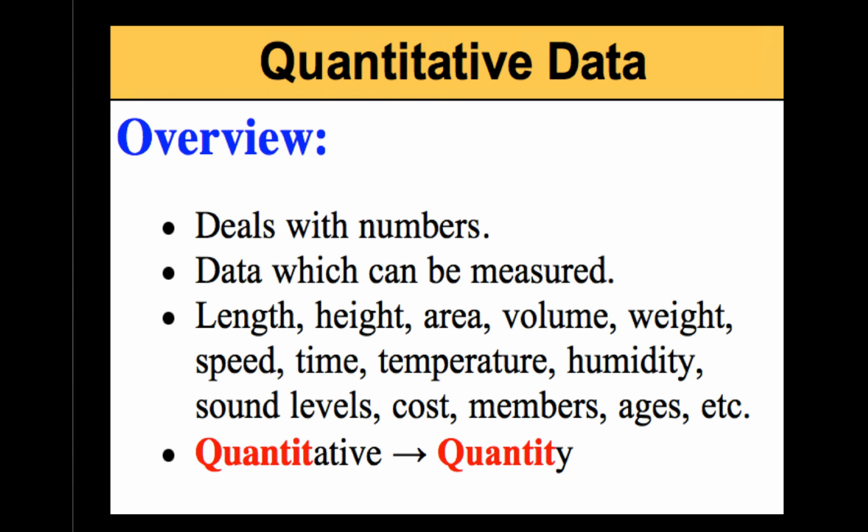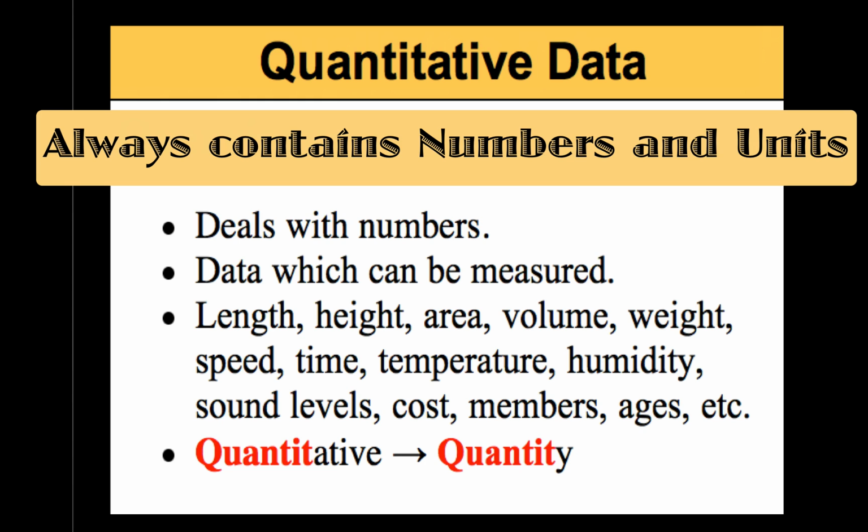Quantitative data, on the other hand, deals with numbers. It's data that can be measured. Quantitative data always includes numbers and units.